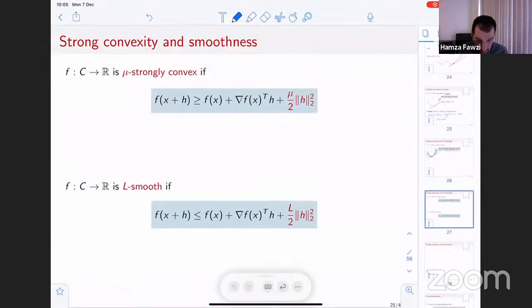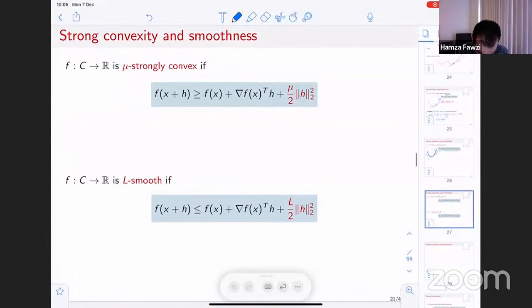There is another notion, something called L smoothness, and this is kind of the other side. So now we have a lower bound on the function f as a quadratic function. L smoothness essentially gives you an upper bound on f as a quadratic function. So note this inequality here.